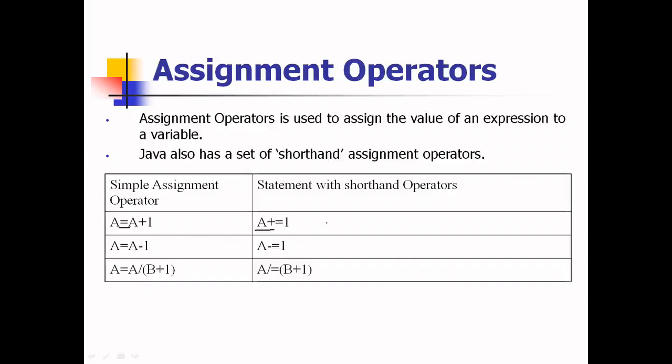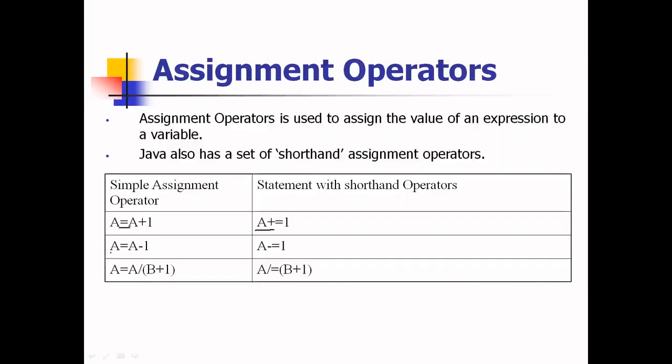Both are equivalent. So this is shorthand assignment. When you have the same variable on the right and left of the assignment statement, then you can use a shorthand assignment. You can simply take the operator to the left side of the equal sign.